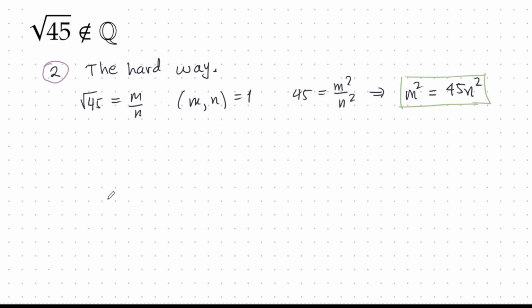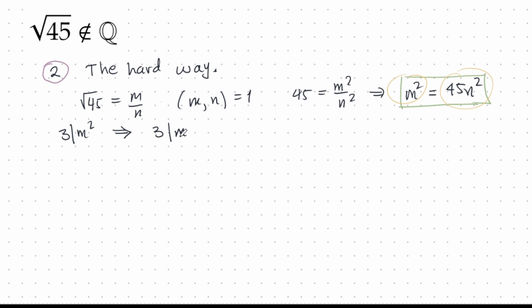So let's think about this. Since 3 divides this, 3 must divide this, yes? So 3 divides m squared. But according to those little lemmas that I proved in the video in the description box link, 3 must divide m as well. But here's where it takes a bit of a left turn from the classical proof.